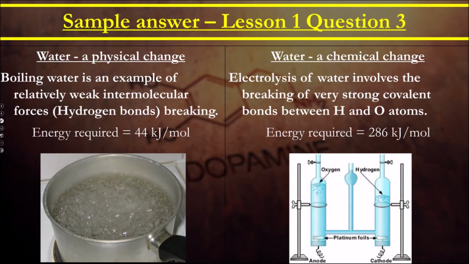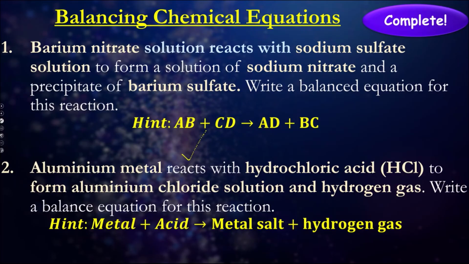If we look at this in terms of energy, you only require 44 kilojoules per mole for boiling, and if you compare that to electrolysis, you actually use about 286 kilojoules per mole to separate the water molecule into the hydrogen atom and the oxygen atom. So in this case, boiling is a lot easier to reverse.